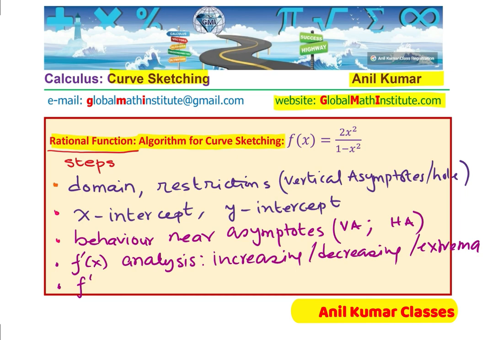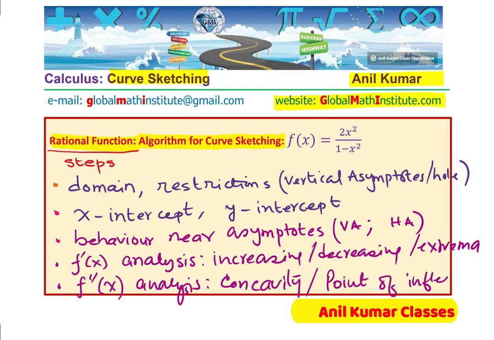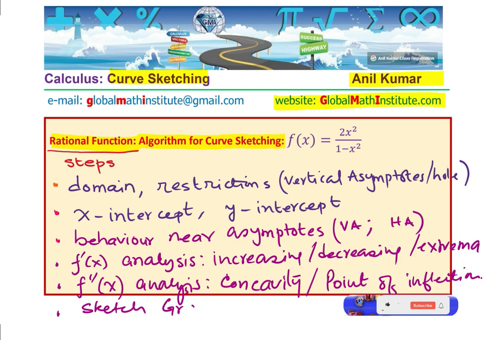And lastly, we need to figure out the second derivative analysis, which gives you concavity and points of inflection, right? Once you've done all this, we can club all the information and sketch the graph. This is what you call curve sketching.